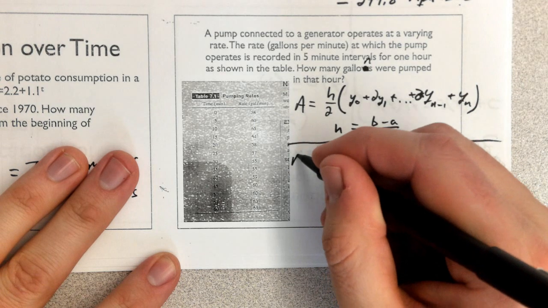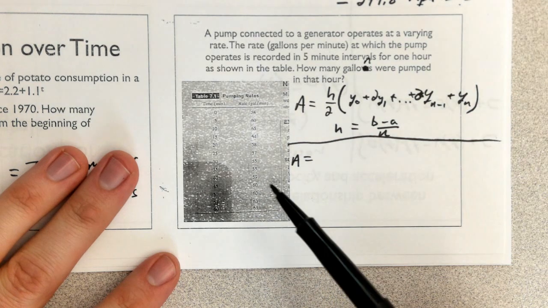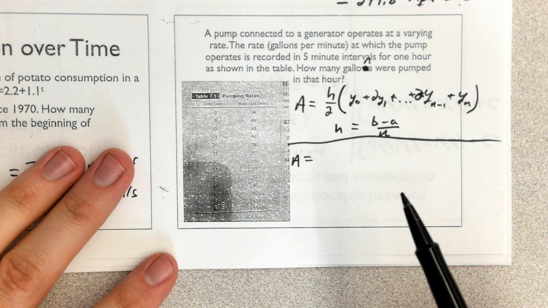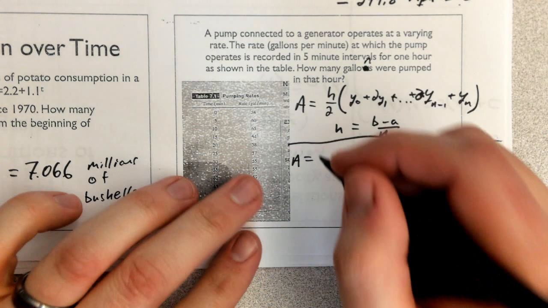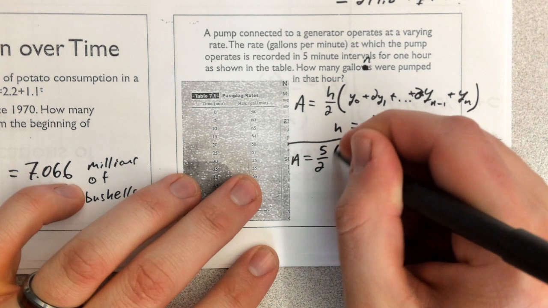So h is going to be, b minus a is 60, and then we have 12 subintervals, I think. Yeah, it's 12 subintervals. So we end up with h is 5 over 2.